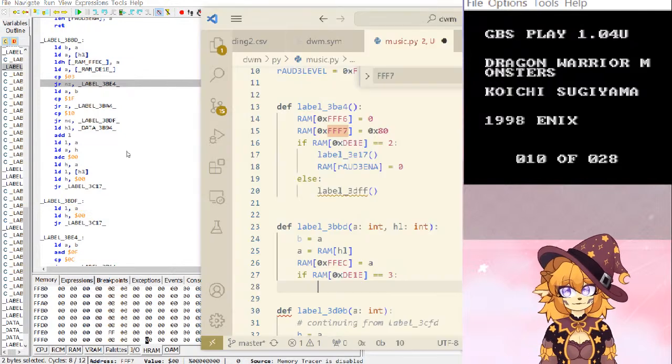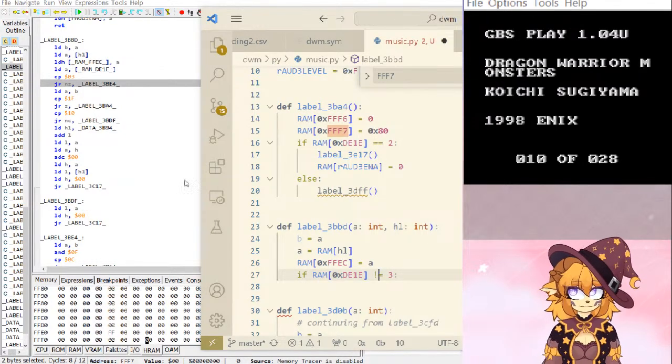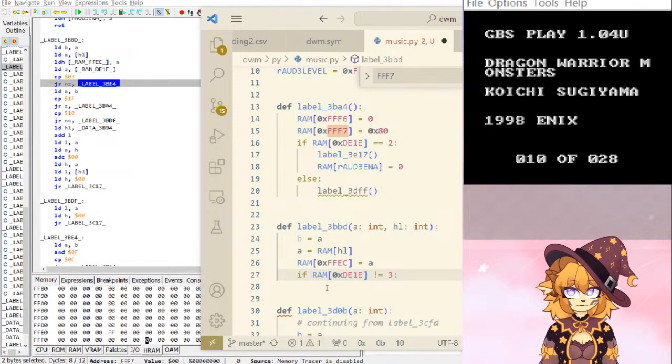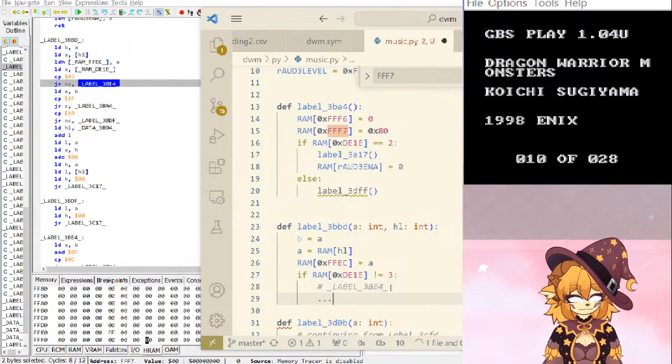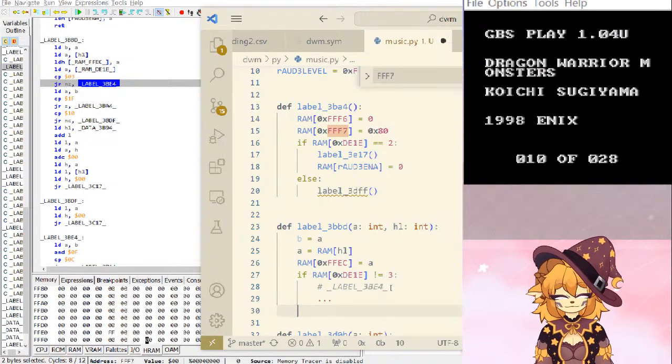Okay. So make this does not equal and then set the label. Does not equal being the NZ.